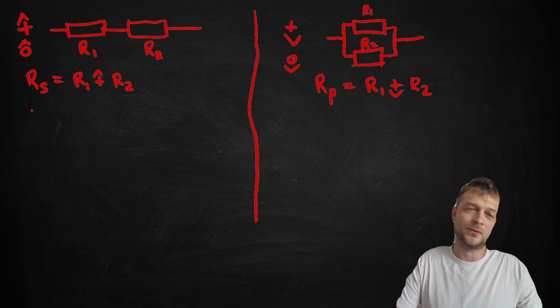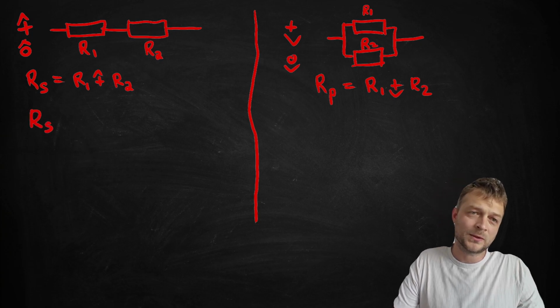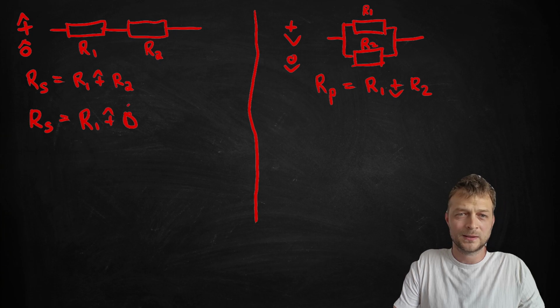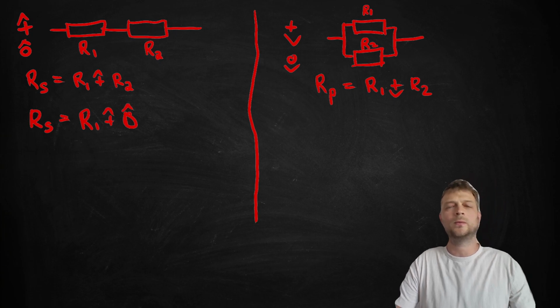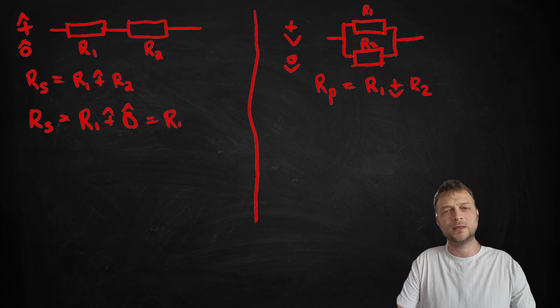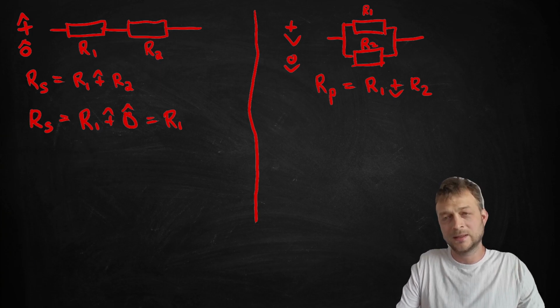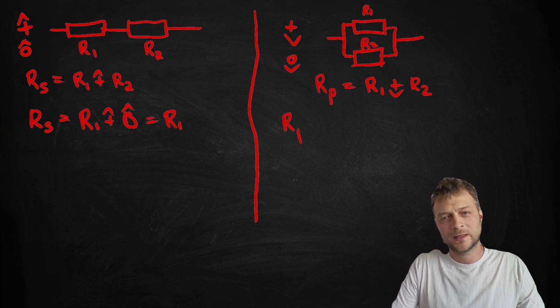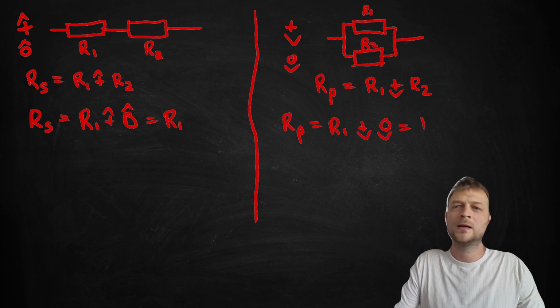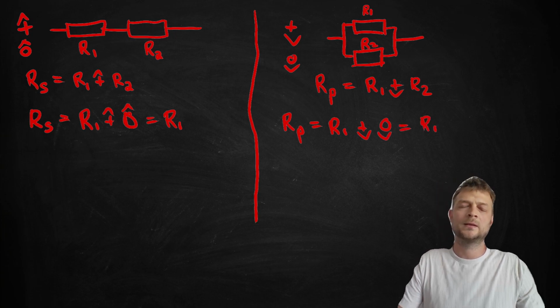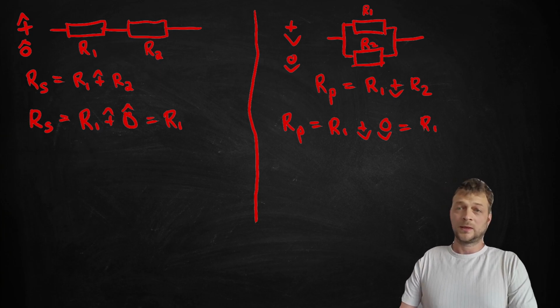So if I add 0 to R1, I want still to get R1 as a result. On the right side, if I add that different 0 to R1, I want to get R1. Okay, that's the property of 0.